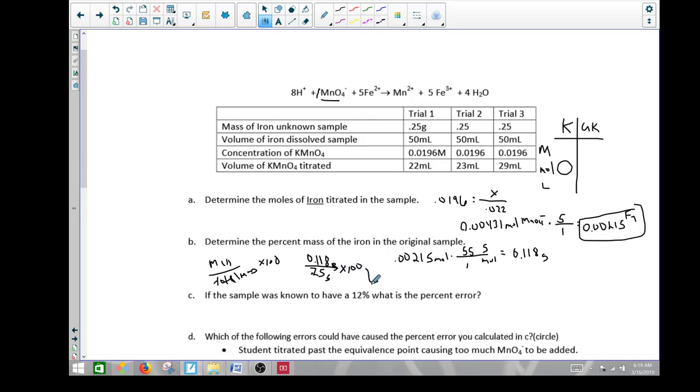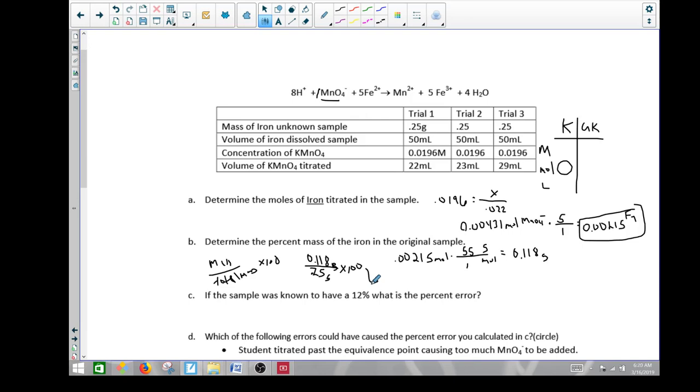Equals. Alright, divided by 0.25 times 100.